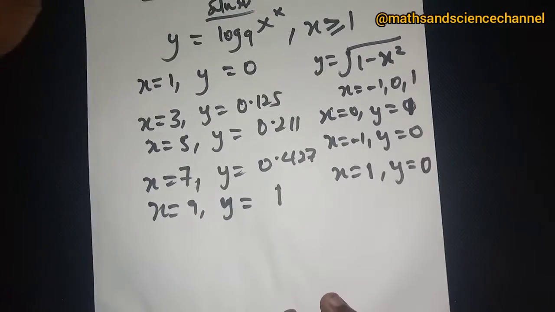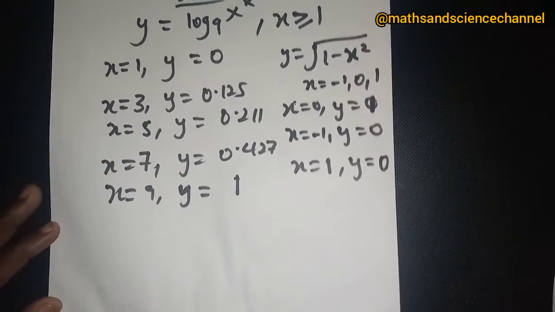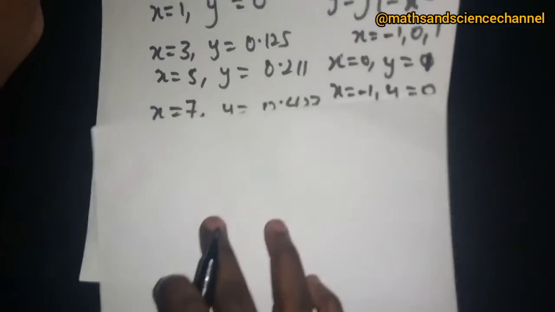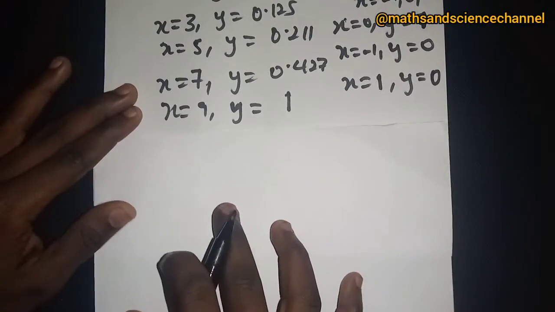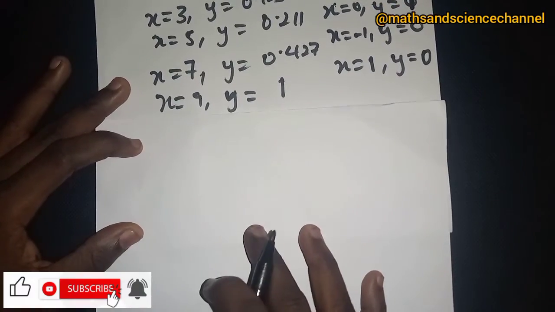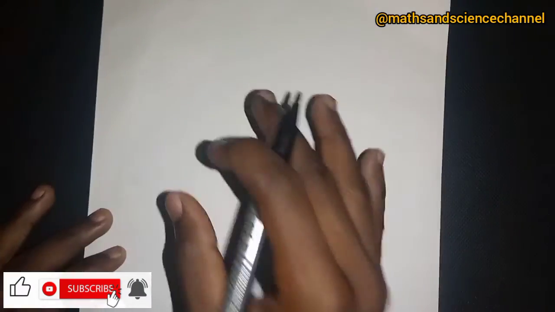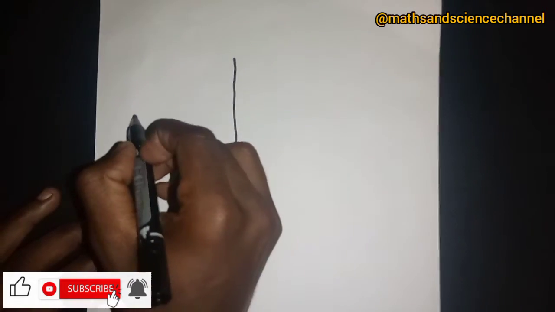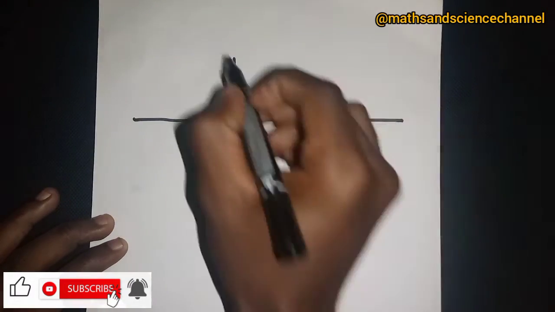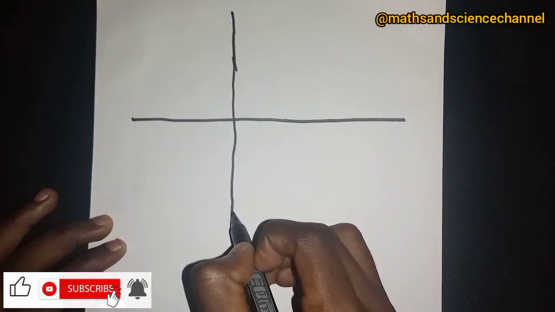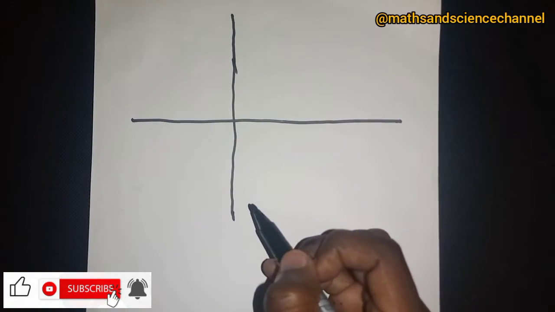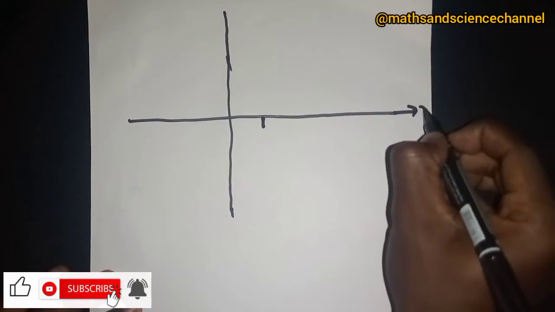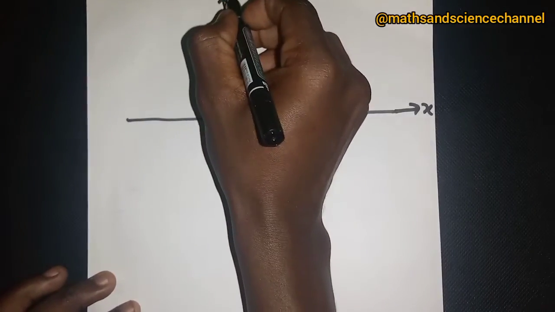Alright, so let's graph this function now. So we have our y-axis, then our x-axis. Now let's label. We have x here, then we have y here.